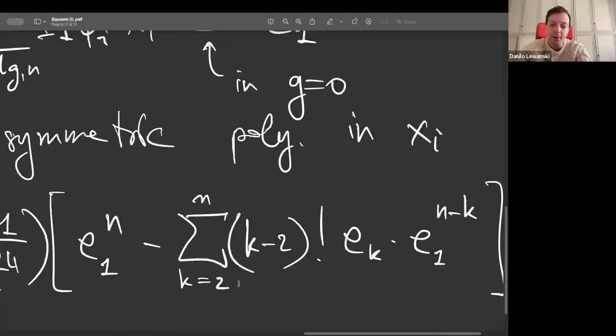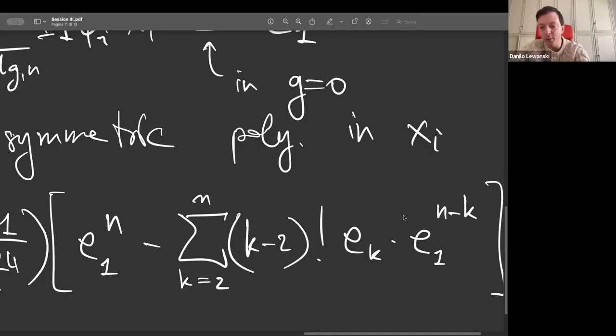So here you have some sum over k from 2 to n. Well, you're excluding 1 because if you plug in 1 here, then you have 1 minus 2, which is minus 1 factorial, it's not defined. But in any case, here you would have E1 times E1 to some power n minus 1. So of course, you need to make sense of this, but somehow you naively can think that this term here is the k equal to 1 term in this sum.